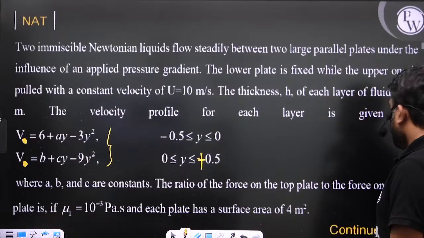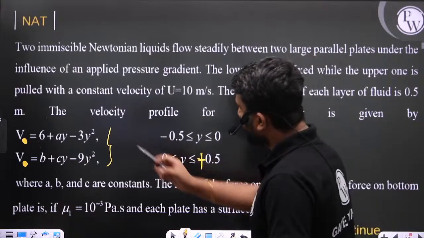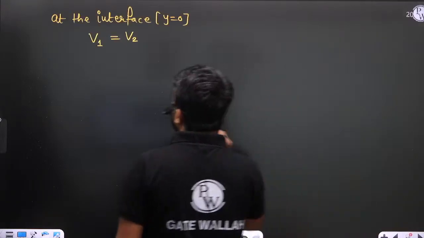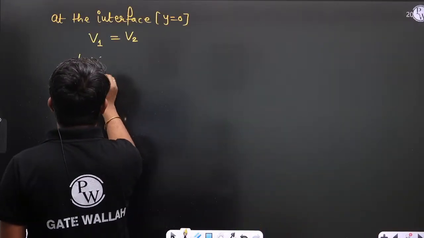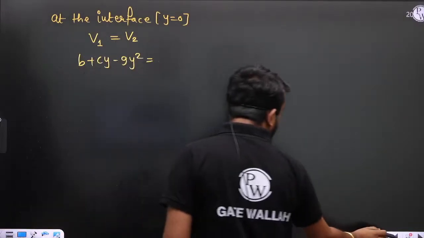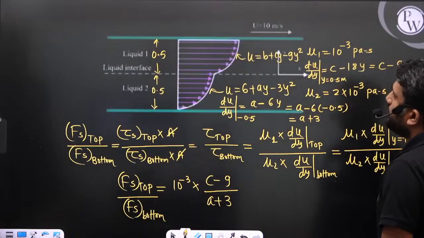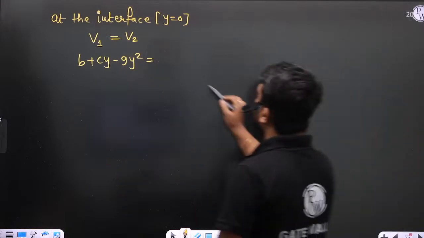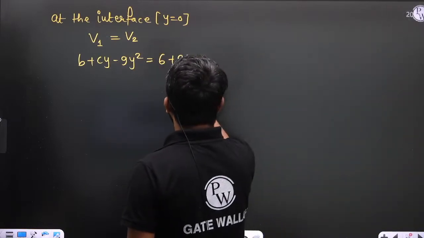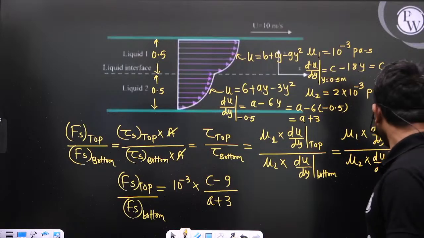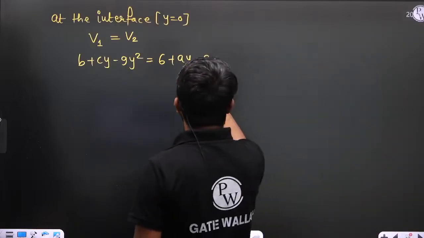So V1 is B plus Cy minus 9y square, which is equal to 6 plus ay minus 3y square.